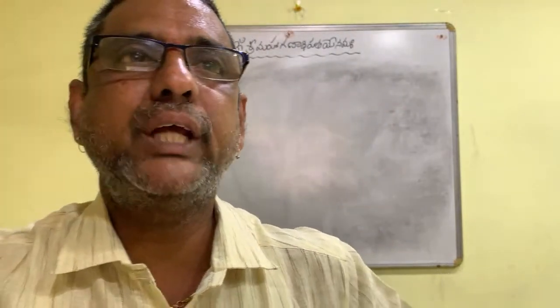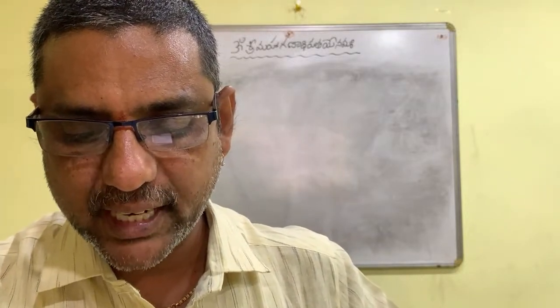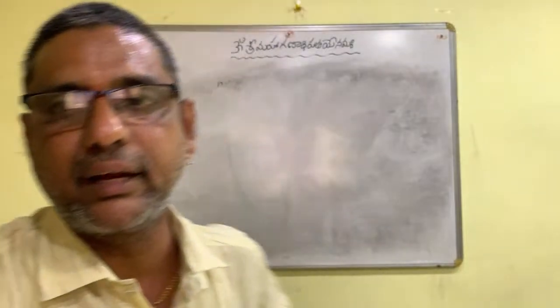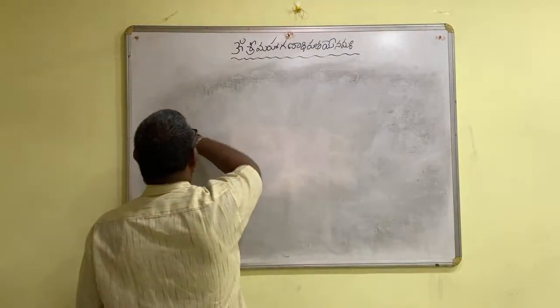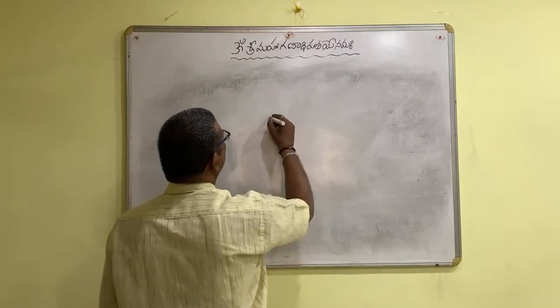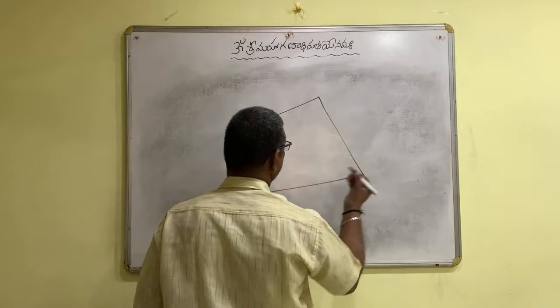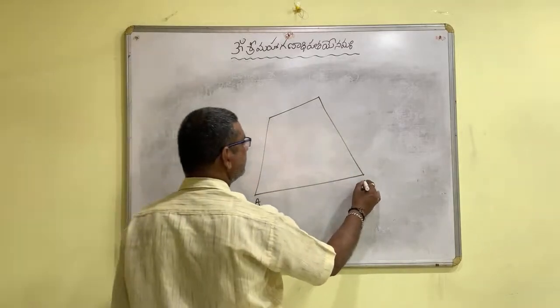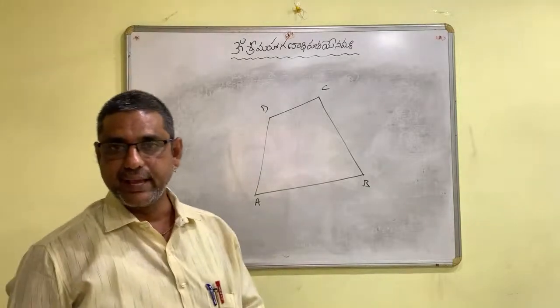There is another question. Show that line segments joining the midpoints of opposite sides of a quadrilateral bisect each other. There is a quadrilateral ABCD.